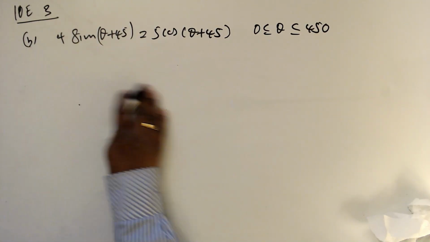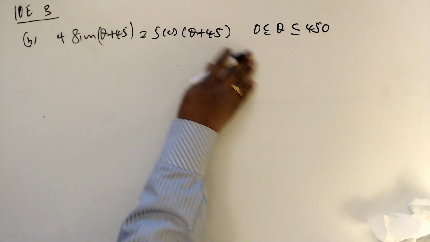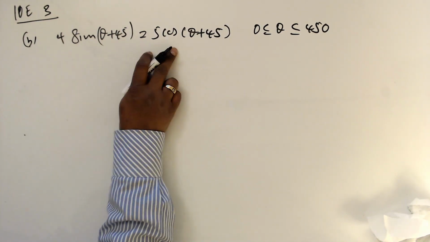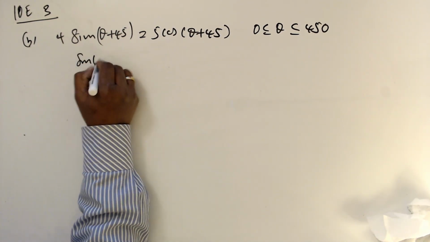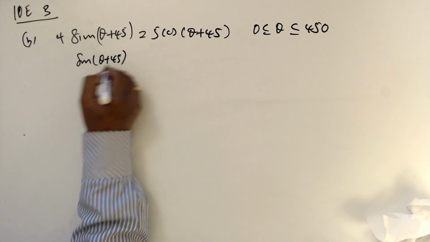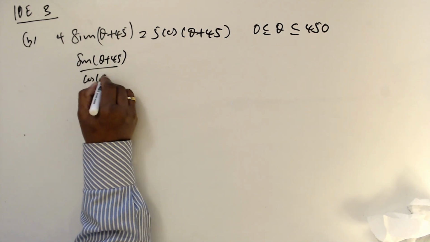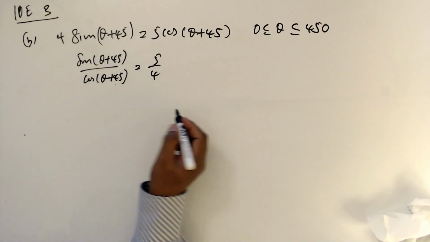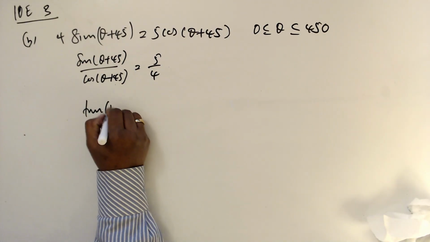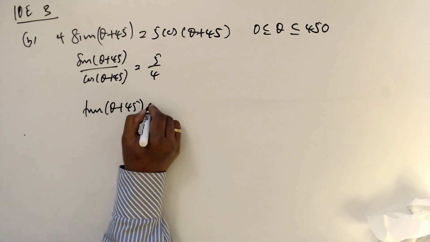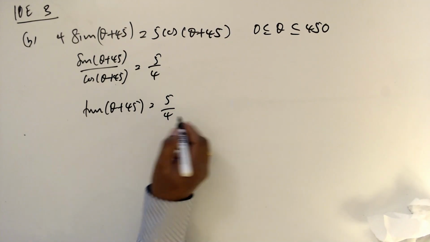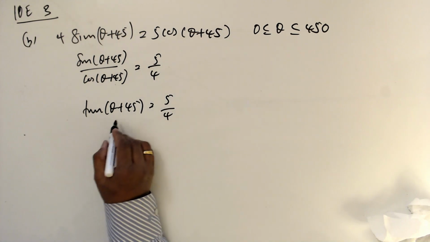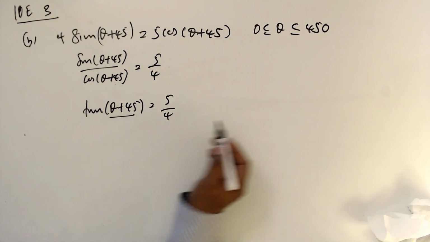Question part B. So we can cross multiply. Sin(θ plus 45) divided by cos(θ plus 45) equals 5 over 4. Tan(θ plus 45) equals 5 over 4. And now the angle is θ plus 45.